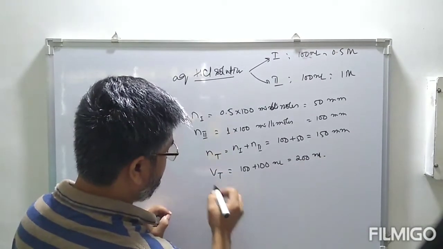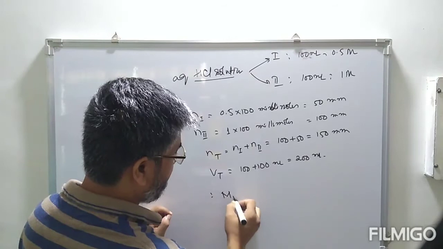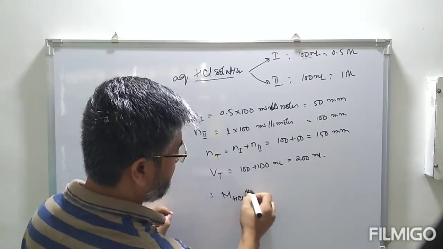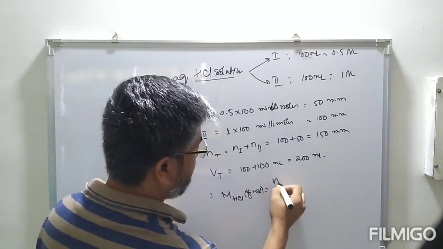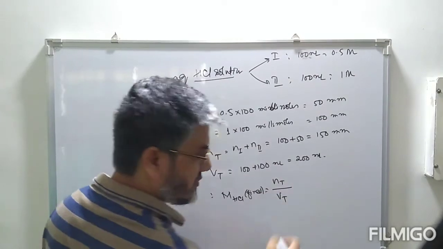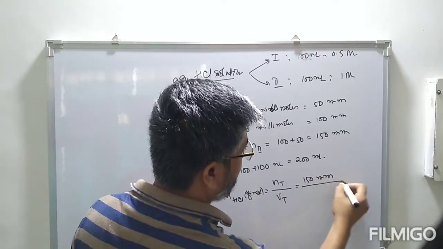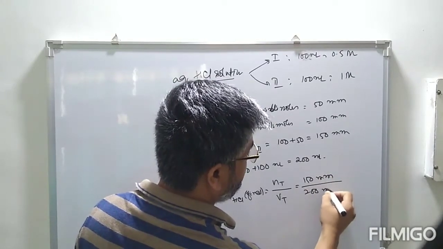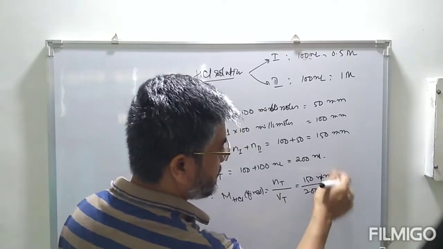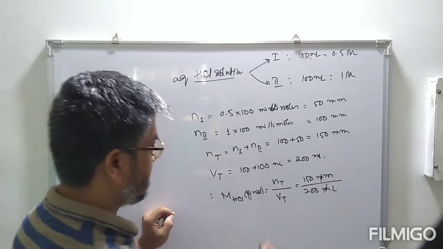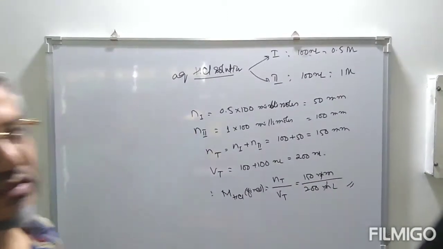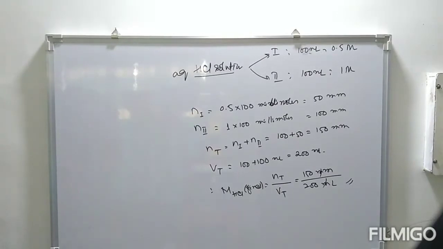So the final molarity of HCl after mixing is the total number of moles of HCl divided by the total volume of solution. So this is 150 millimole divided by 200 milliliter, milli cancels, moles per liter. This is the final concentration of the resultant mixture solution.